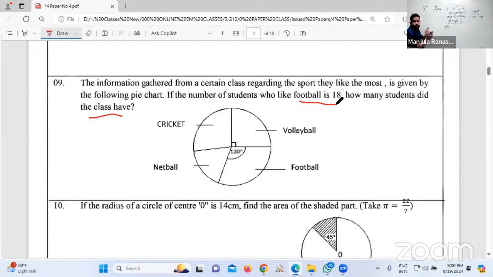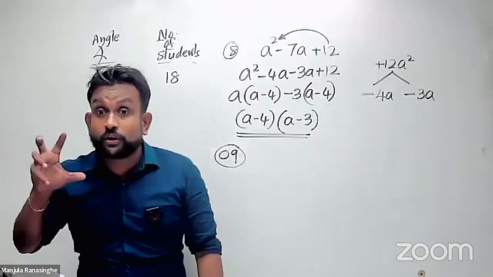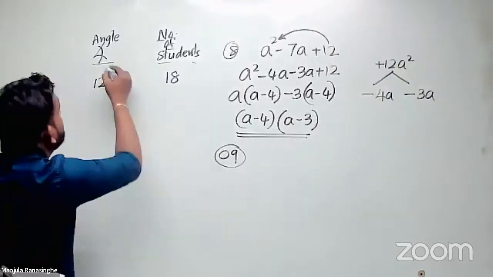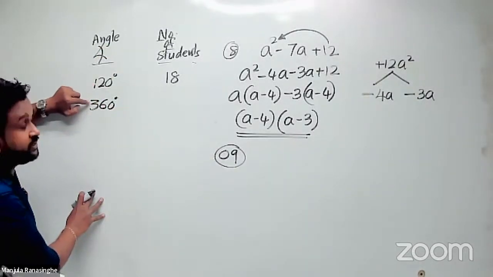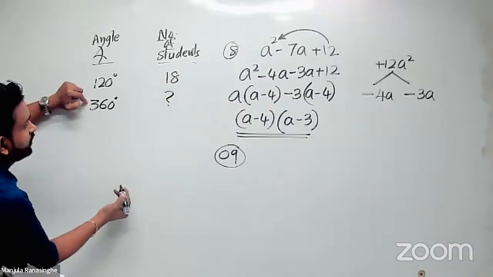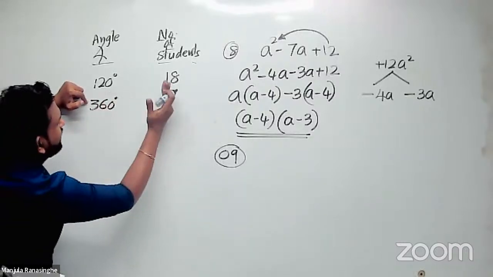So football students 18. What is the corresponding angle to football? 120 degrees. Then they are asking the total students in the class. Total students means how much angle? That is 360. Now check which side is to be found.